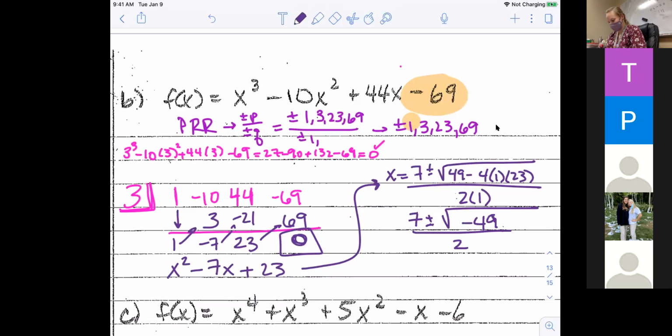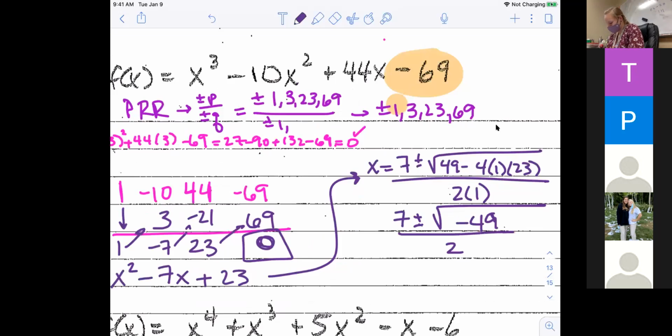I got 49 minus 92, which is, oh, did I do it wrong? You might be right, Parker. Maybe you're right. Minus 43. Yep, -43.